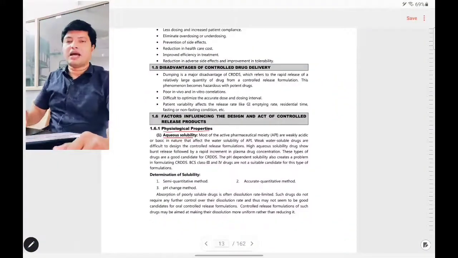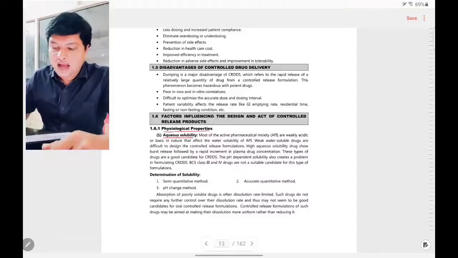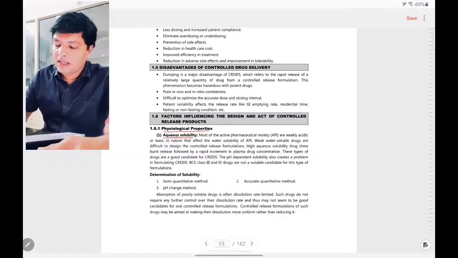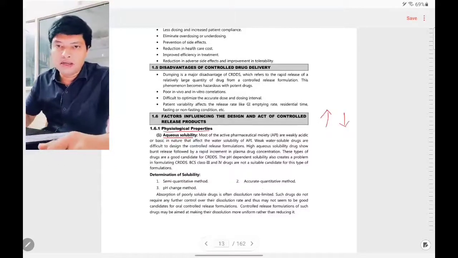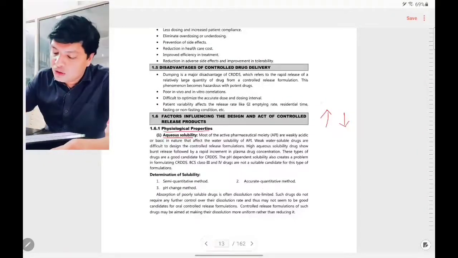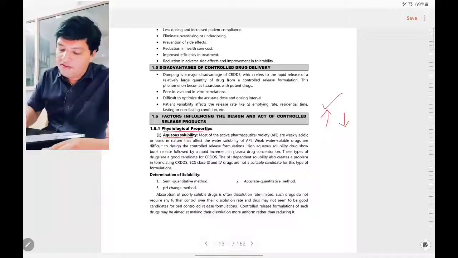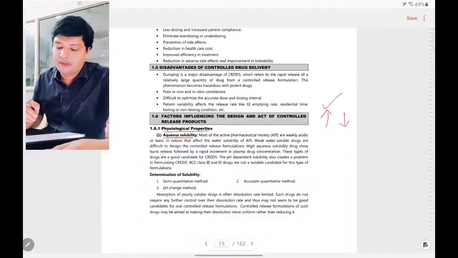Okay, so the first factor is aqueous solubility in physiological properties. Aqueous solubility at two extremes is not recommended. Two extremes in the sense, assume the drug is having high solubility, what happens? There will be a problem of dose dumping.